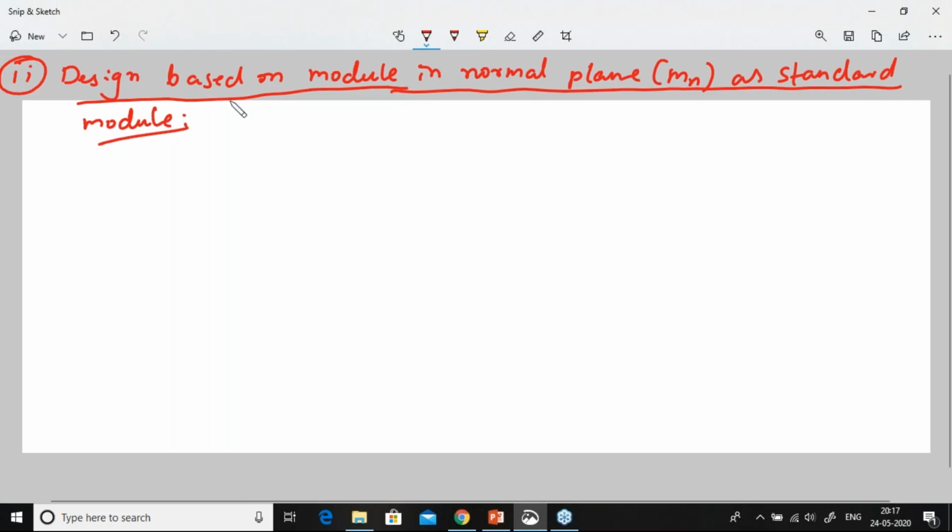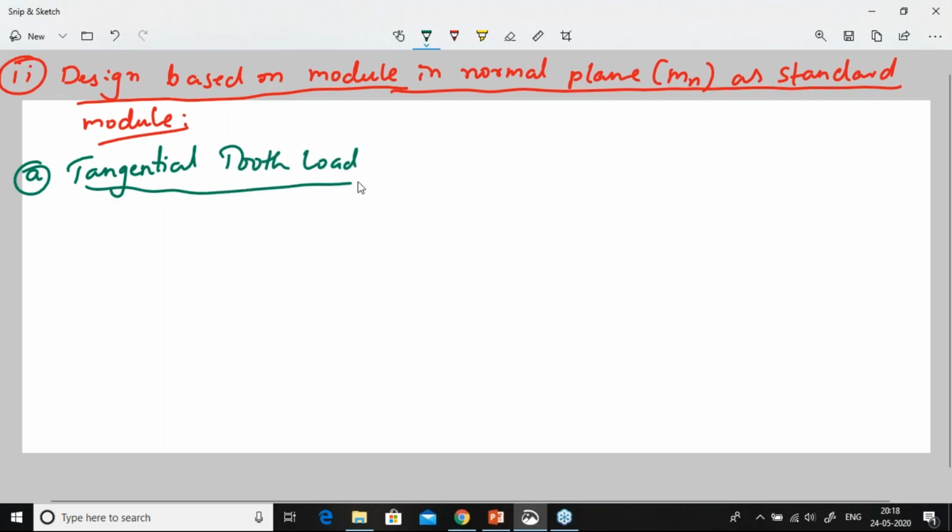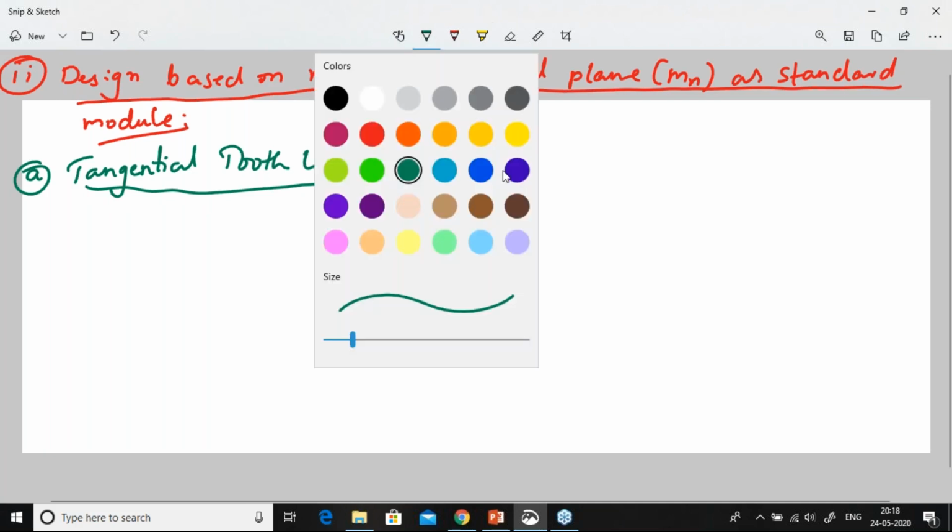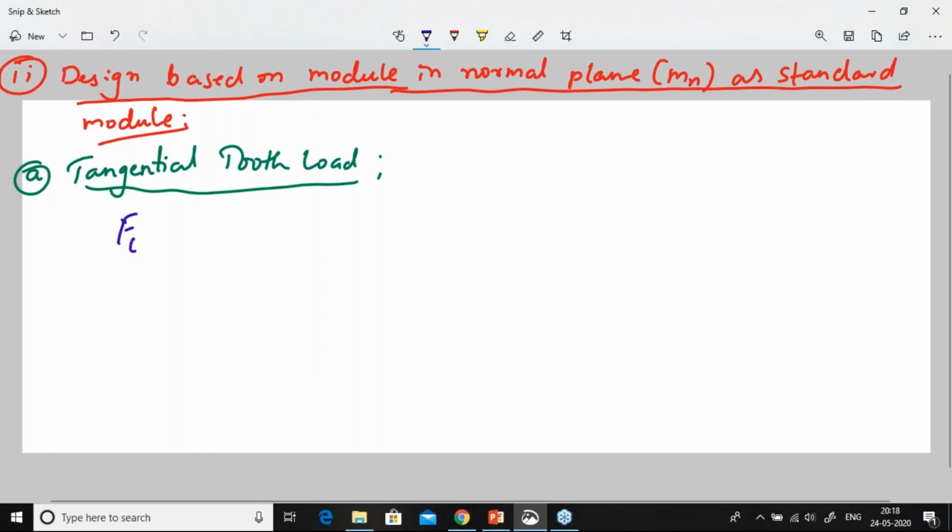In this, first step, there is a tangential tooth load. We have the equation for tangential tooth load, that is Ft is equal to 9550 into P into CS divided by N into R. Equation number 23.87b.